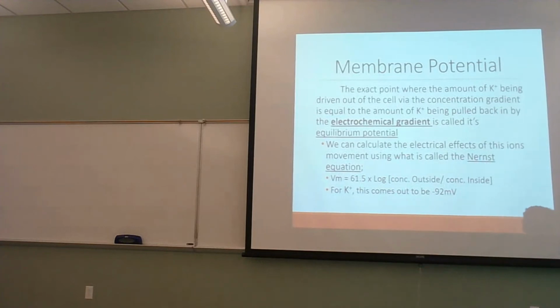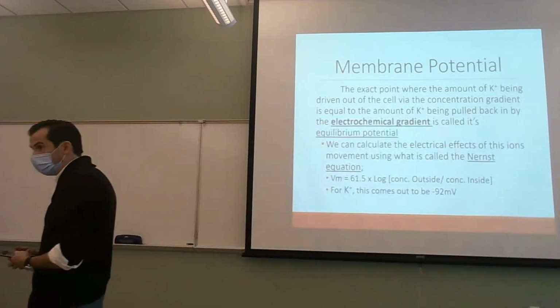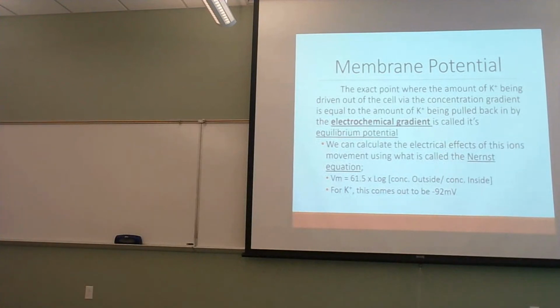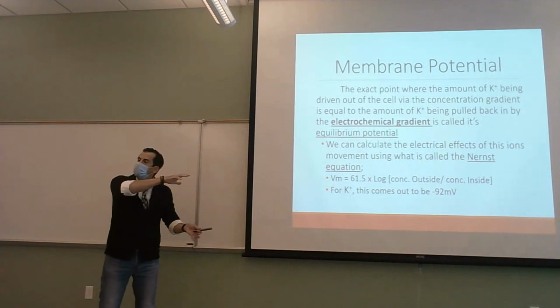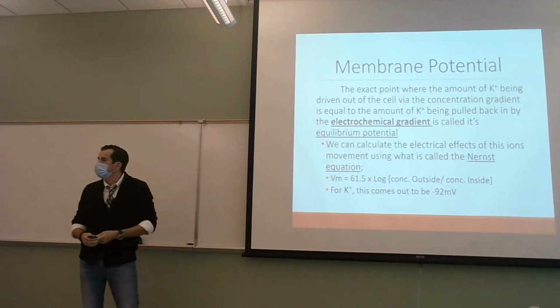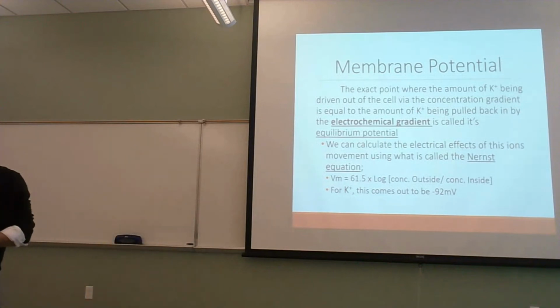And that's kind of what we do. And average is not the right word to use because some of these ions move across the membrane more readily than others. So they don't all have the same impact, they don't all have the same concentration gradients. But if we look at those 5 individual equilibrium potentials, we get an overall voltage created. And in this case, that's going to be minus 70 millivolts.